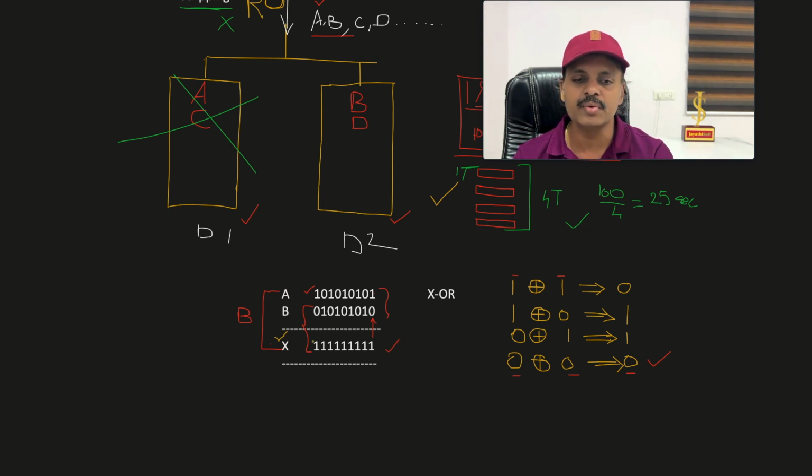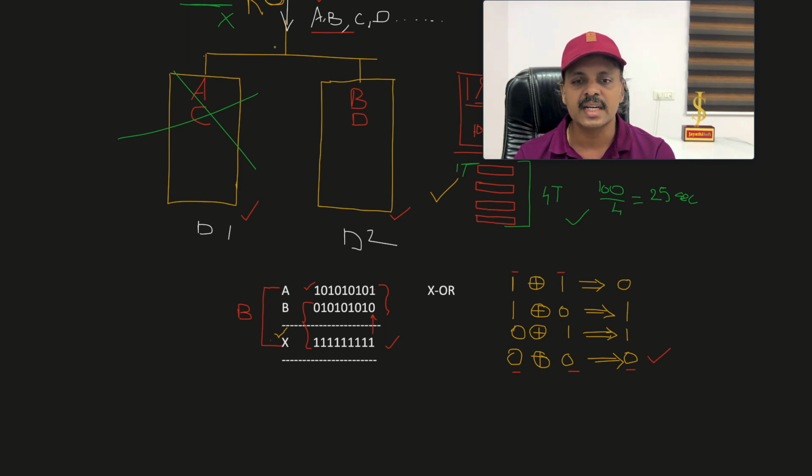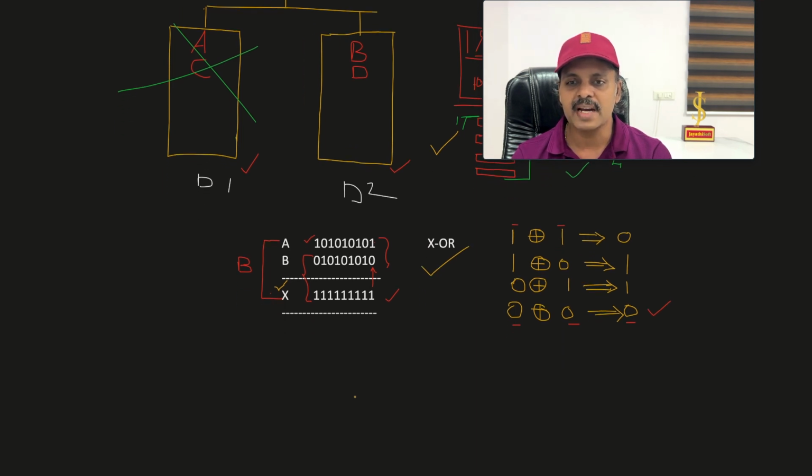This principle we use in the next RAID level. We use this XOR algorithm along with our striping technology, so that we achieve one disk fault tolerance. By using this XOR, we are going to achieve one disk fault tolerance, that is parity.